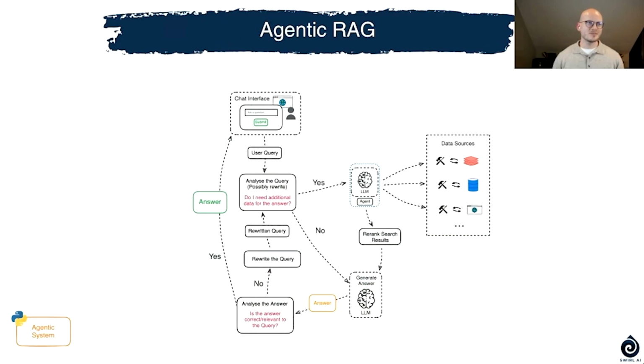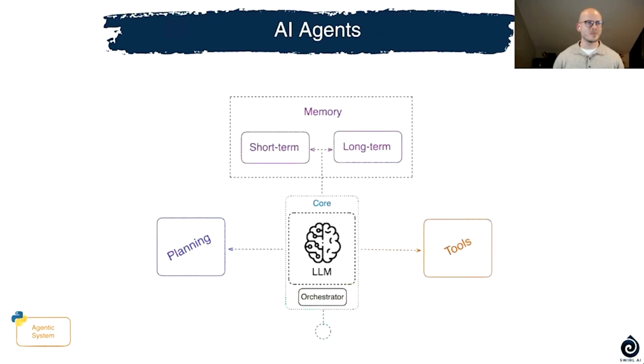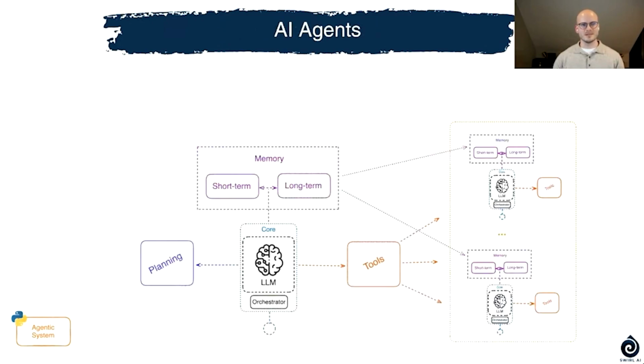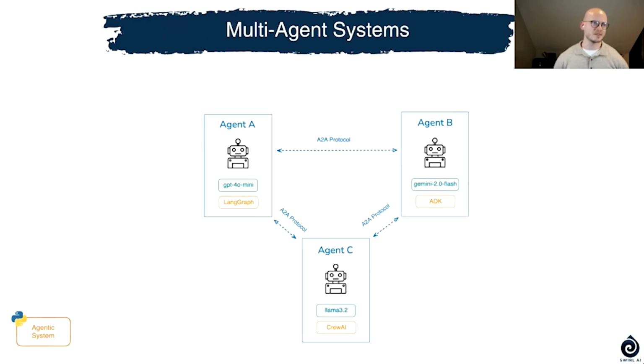If you need to go to AI agents, and then maybe multi-agent systems which run in a single runtime, where you can properly orchestrate them within a single runtime, and eventually only if you really, really need it, and I don't think that there are many use cases in the wild that do need that, go with proper multi-agent systems, where the agents are potentially implemented in different frameworks, and then they communicate via some A2A protocol.